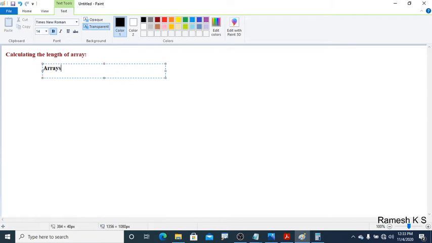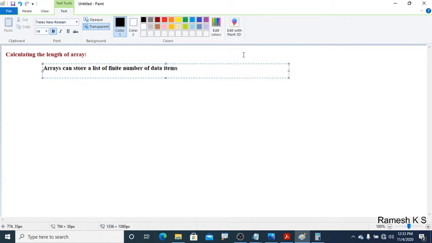Arrays can store a list of a finite number of data items.